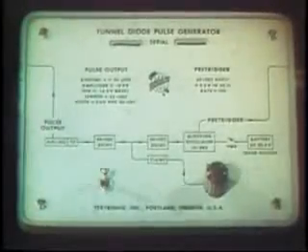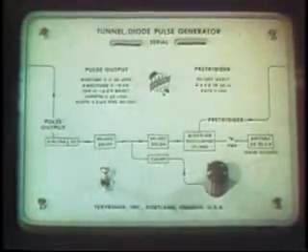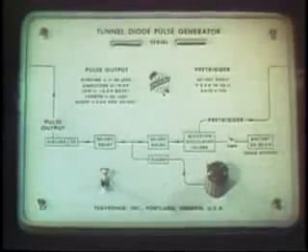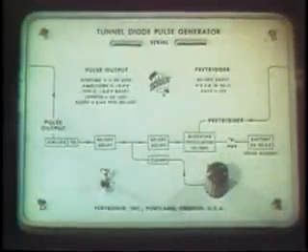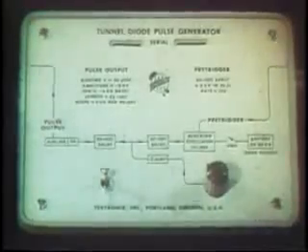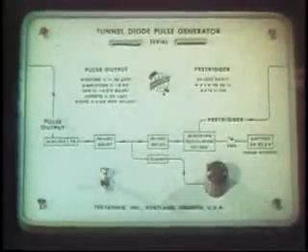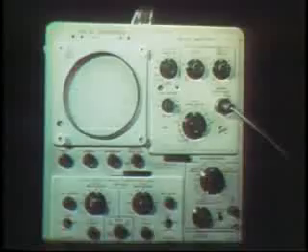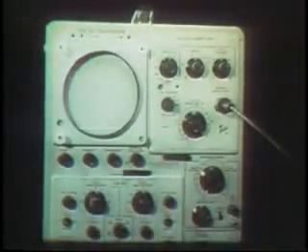This is a square wave generator that can produce a square wave with a rise time that is extremely fast. We're not sure exactly how fast, because we're limited as to how fast we can measure it. This is one of the fastest precision laboratory oscilloscopes now available.